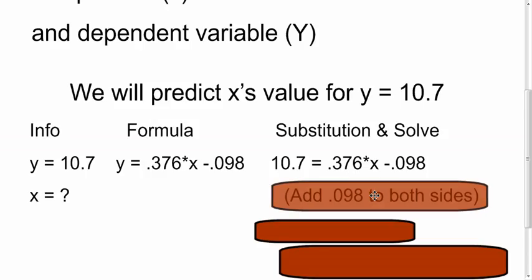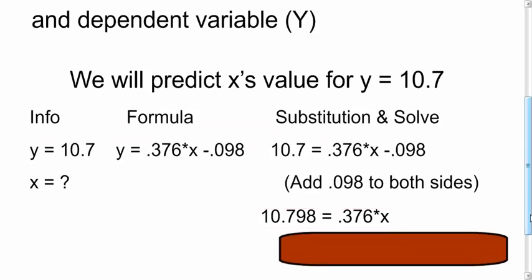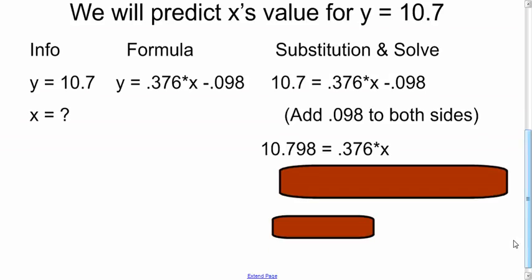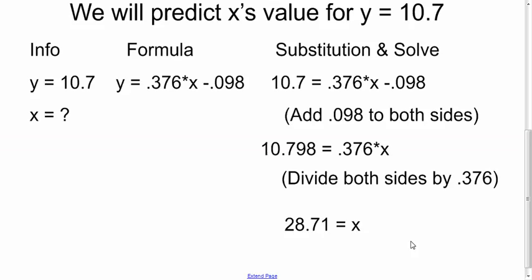First thing you do to isolate the x is you're going to add that 0.098 to both sides. Rewrite the equation. Then I'm going to divide both sides by that. And that'll give me my predicted value for that y variable.